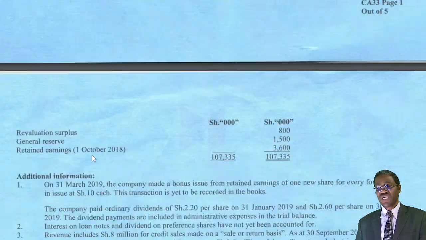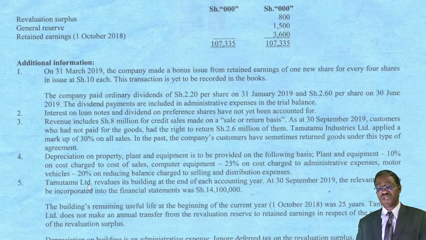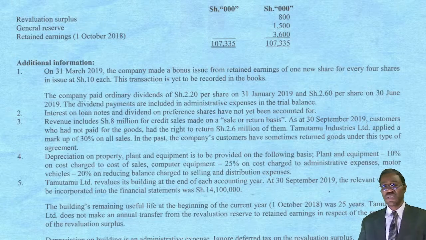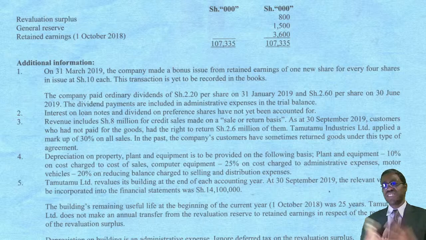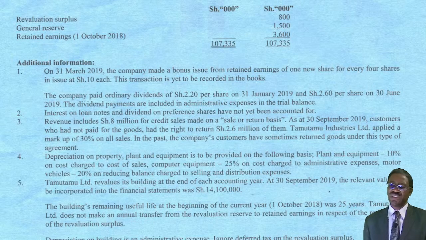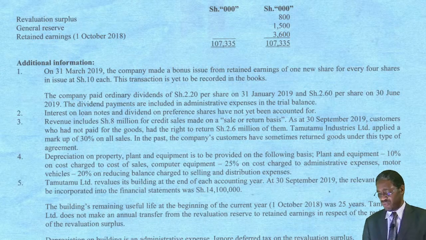Let me roll the question. After that, we are given the next part of the trial balance: revaluation reserve, general reserve, and retained earnings, again on 1st October 2018. Additional information.